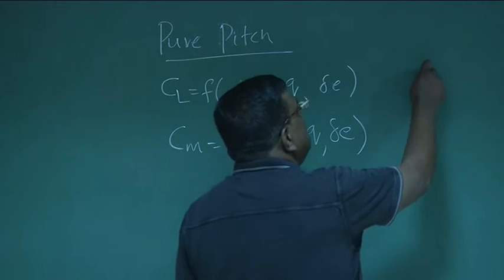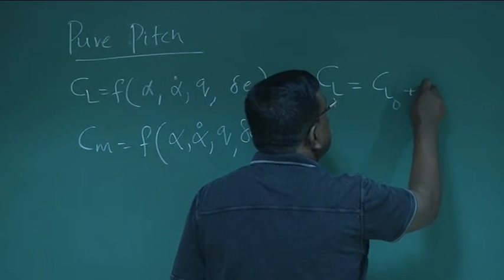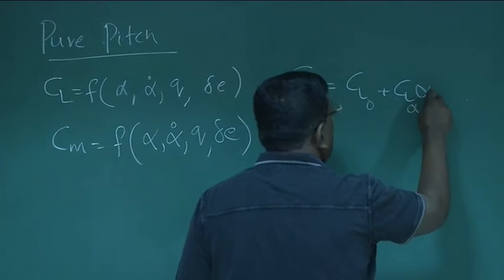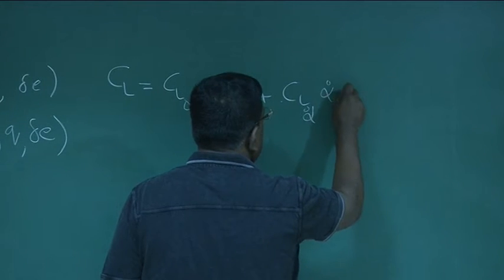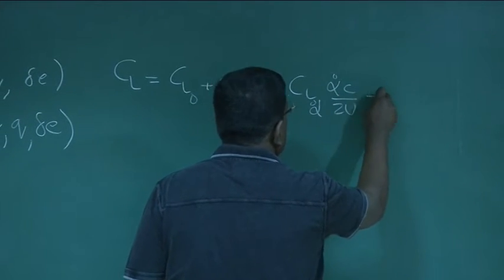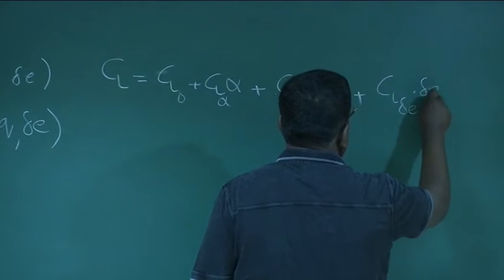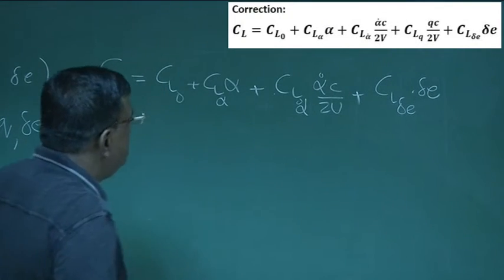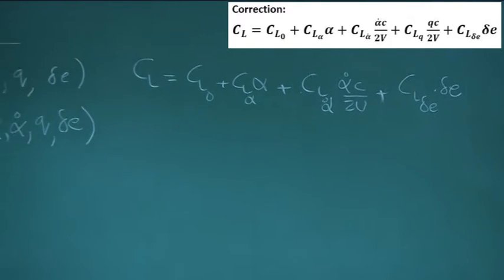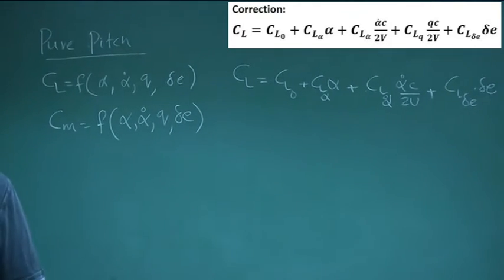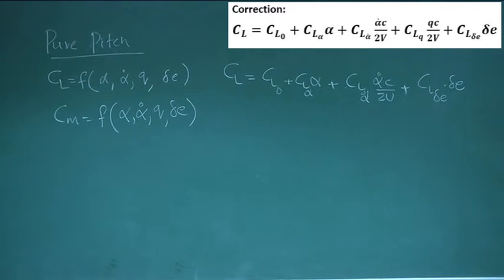We write CL as CL naught plus CL alpha into alpha plus CL alpha dot into alpha dot c by 2u plus CL delta E into delta E. And you know that when I write any rate derivative, alpha dot or q are in radians per second, but we want to use a non-dimensional form.